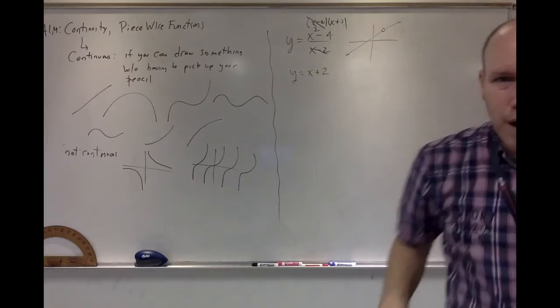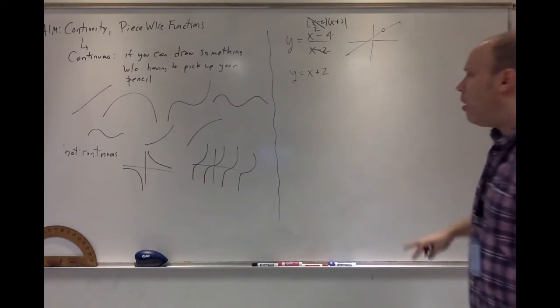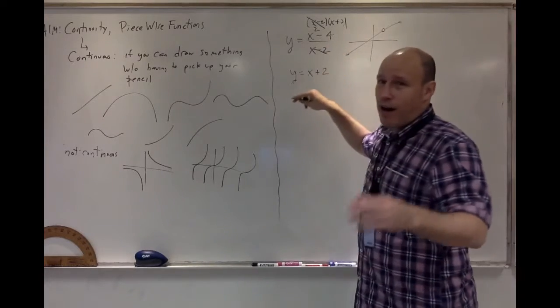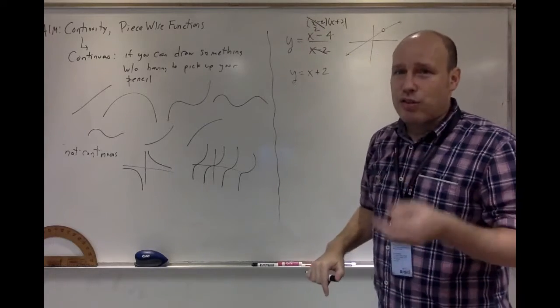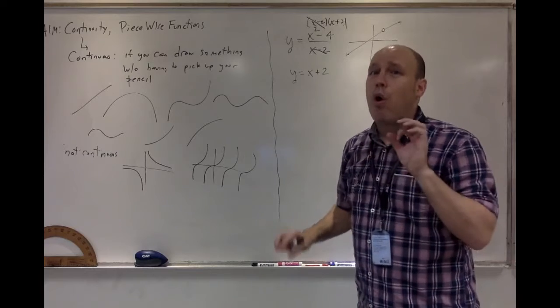Okay, can you see that up there? Yeah. So whenever there's a common term in the numerator and the denominator, we don't have an asymptote, that's a hole.